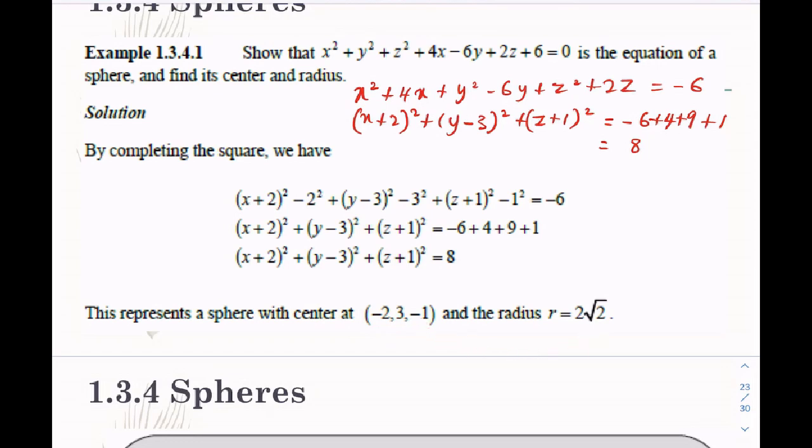This one is actually r squared, isn't it? So r squared equals 8, so r will be square root 8 or 2 square root 2. Okay, done.